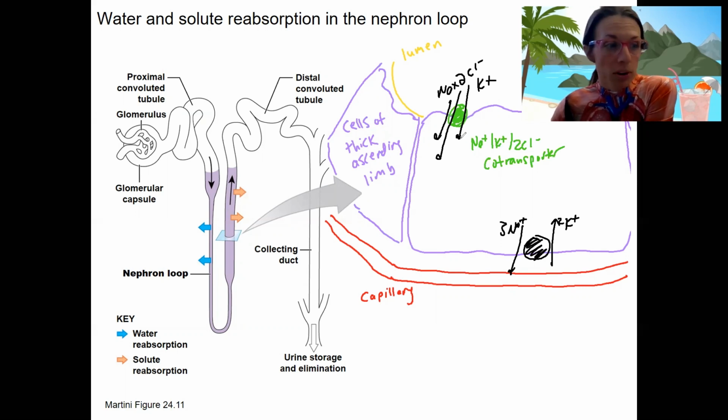This is actually a pump that does this, a co-transport pump. And once these are in here, we can have diffusion across the cytoplasmic space. And then we've got another protein that allows potassium and chloride out, another co-transporter.